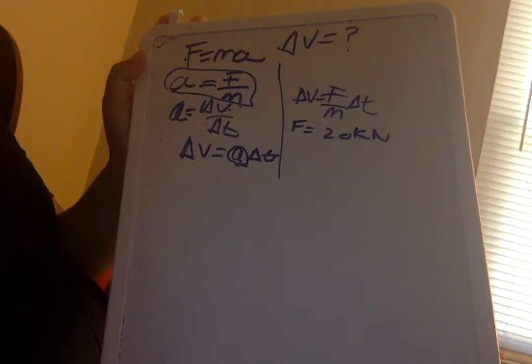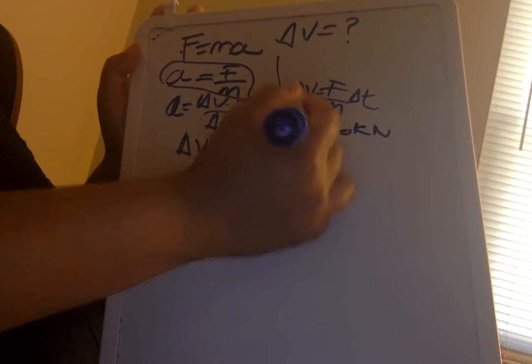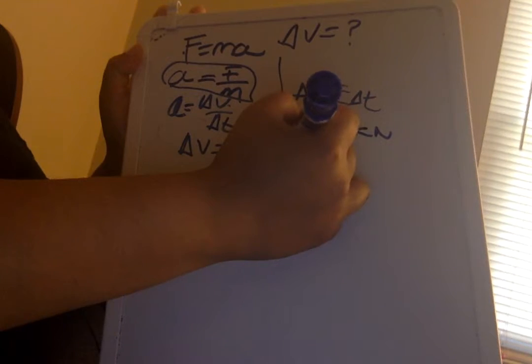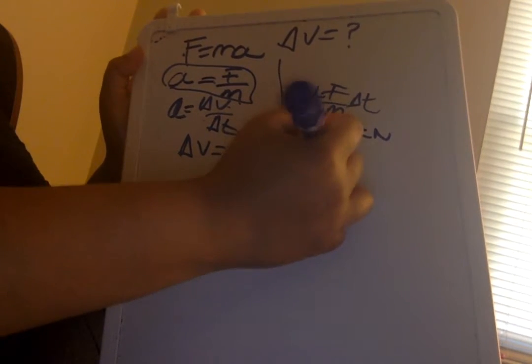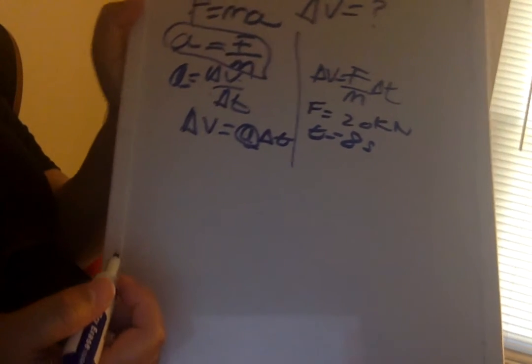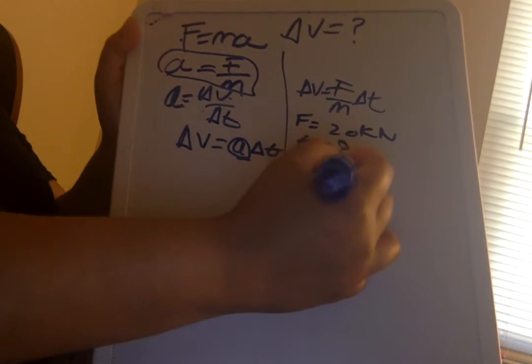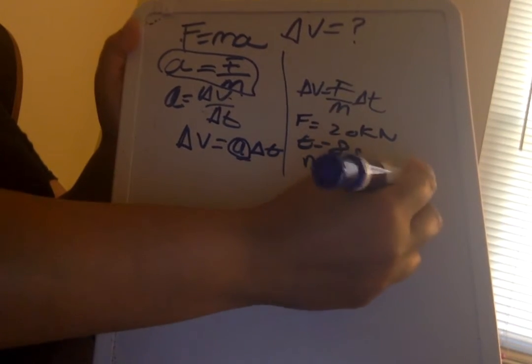Yep, 20 kilonewtons. What else did they give us? Oh, it says that time equals 8 seconds. This is kind of crooked. And then it also gave us a mass of the rocket of 1,000 kilograms.